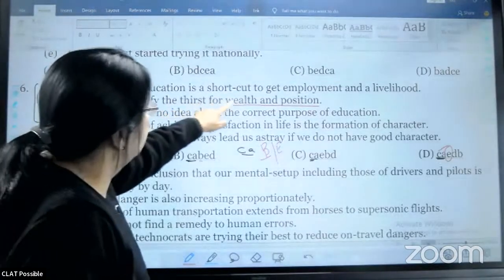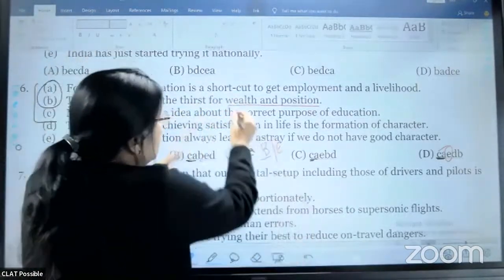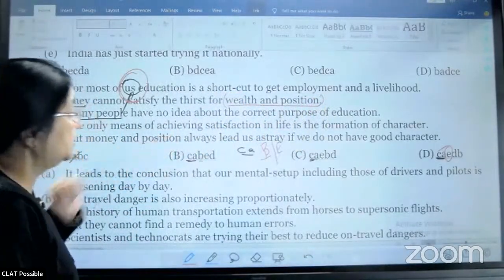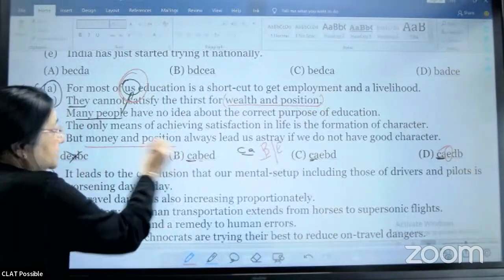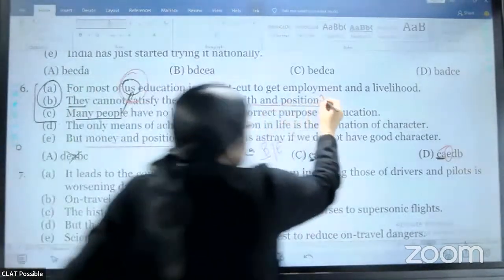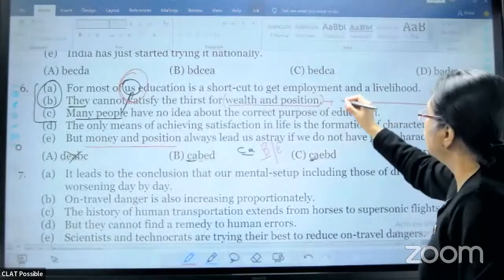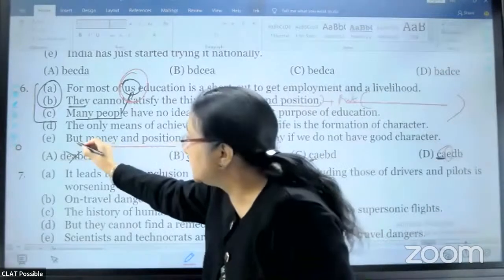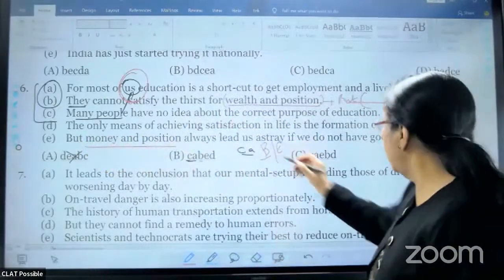They cannot satisfy the thirst for wealth and position. Now the topic has moved to wealth and position, and see how it goes. But money and position always, see the contrast. This is its plus side and this is the but. That's what I was saying, see what comes after this. Read the E line. It can't be.